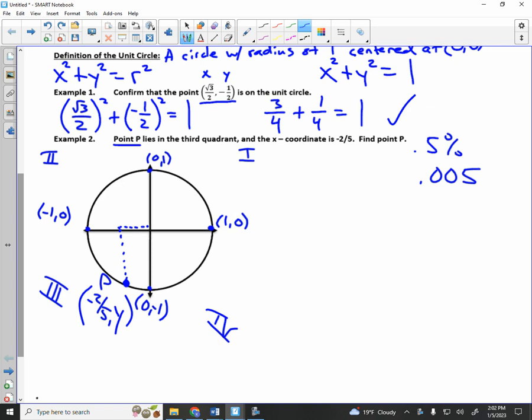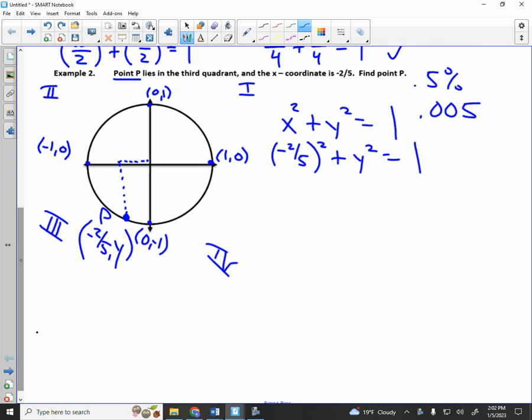Yeah, if we plug the negative 2/5 in, very good. So x squared plus y squared is equal to 1. If we plug in the negative 2/5, we can solve for the y value. Important here that you see each piece.